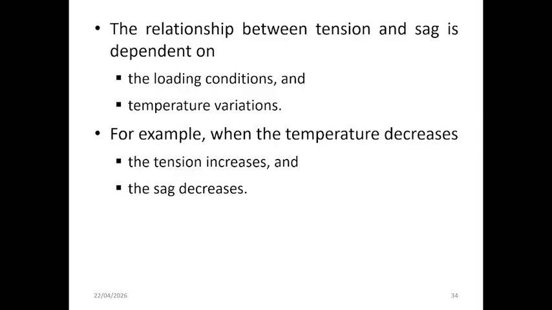So temperature also plays a crucial role in this relationship. For instance, when the temperature decreases, the conductor contracts, which leads to an increase in tension. As a result of this higher tension, the sag of the conductor decreases, and conversely, when temperature increases, the conductor expands, reducing tension and increasing sag.